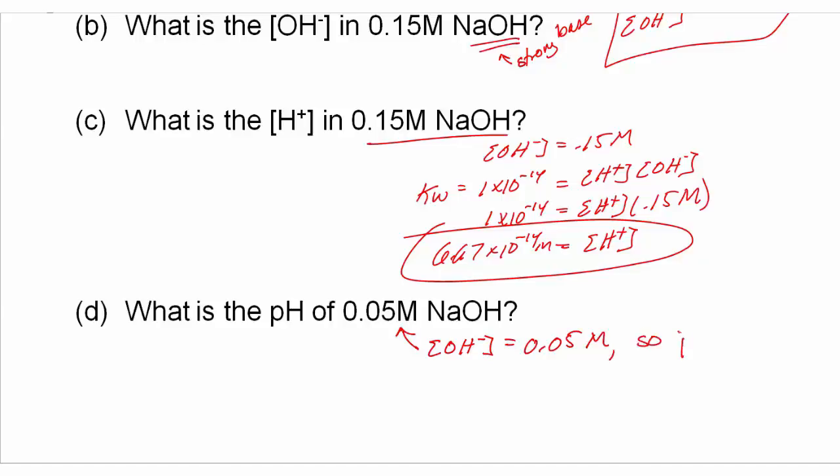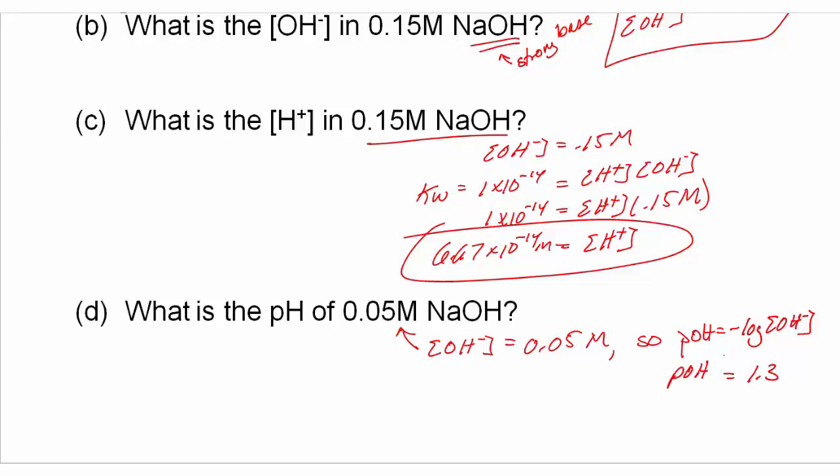So pOH, which is the negative log of hydroxide, would be the negative log of 0.05. 0.05 log, about 1.3 is my pOH.